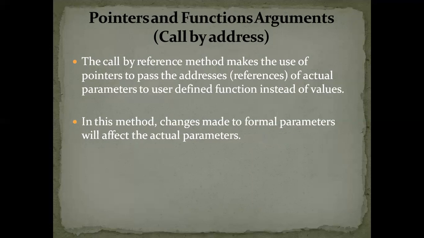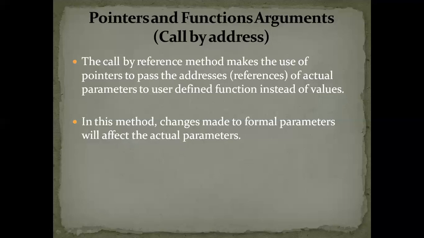Here the call by reference method makes use of pointers to pass the addresses, or we can say references, of actual parameters to the user defined function instead of values. In this particular method, changes made to formal parameters will affect the actual parameters.